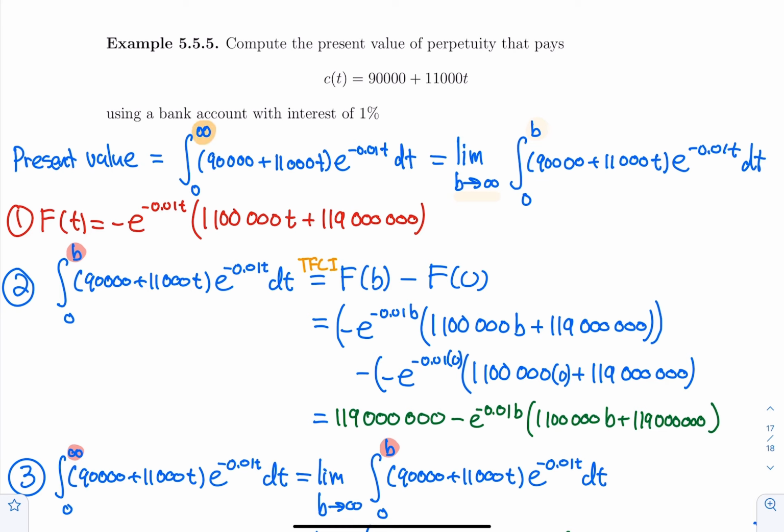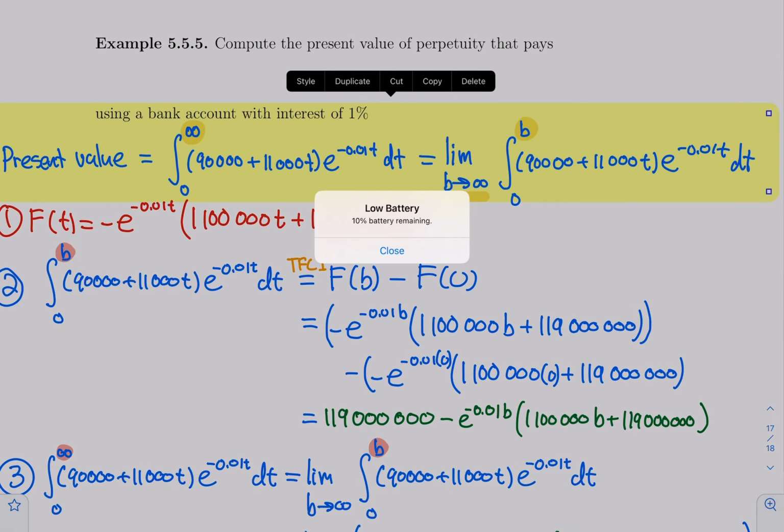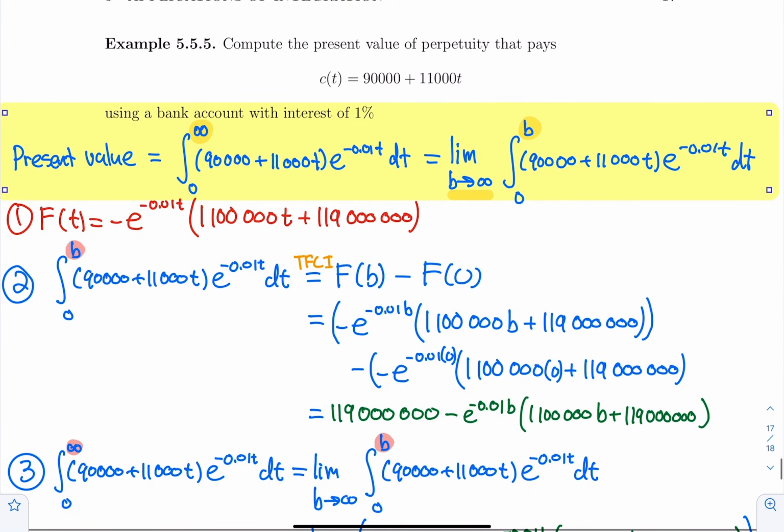The infinity symbol was replaced by b, and now we're pushing b to infinity. Again, in these questions, it's absolutely crucial that you set up your improper integral correctly. It's the most important part of the question. After that, things are very straightforward.